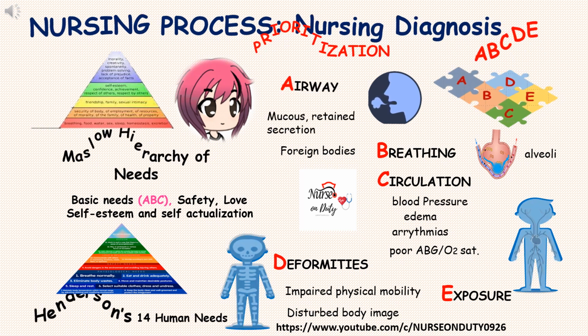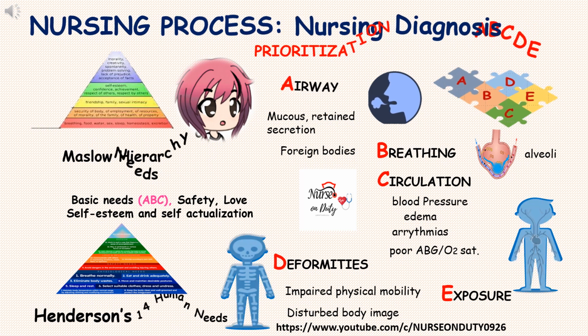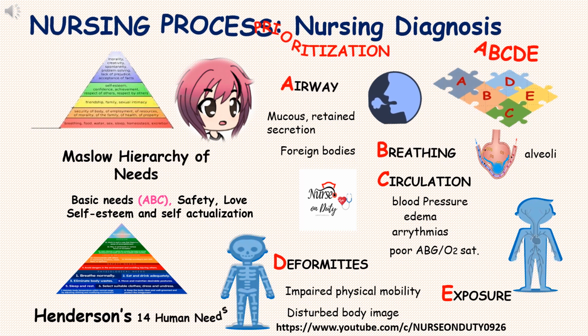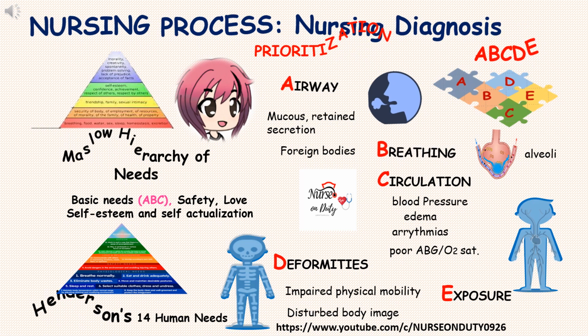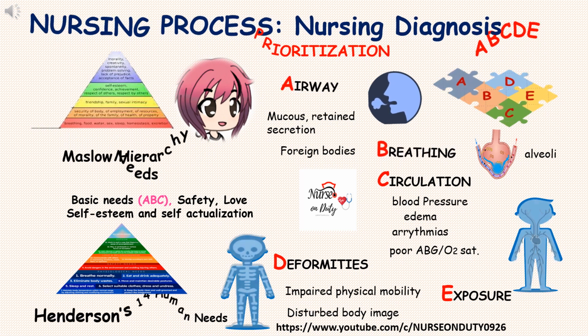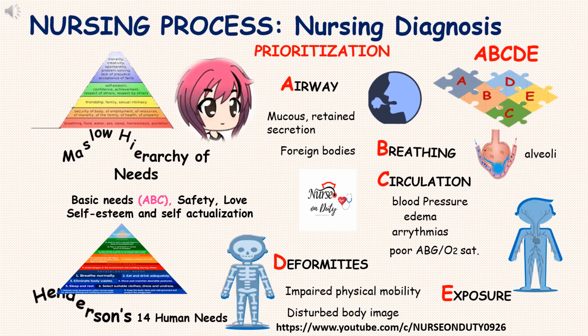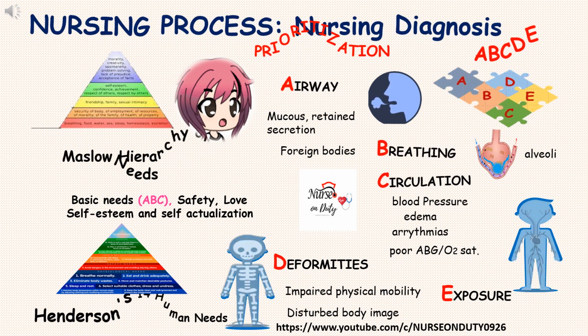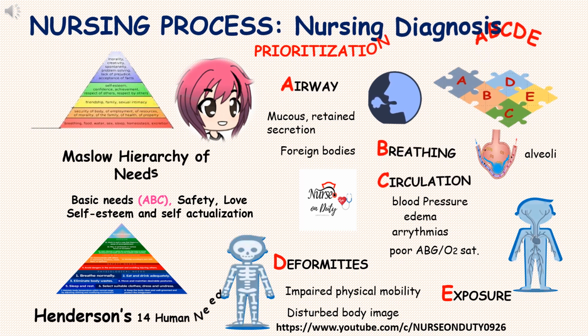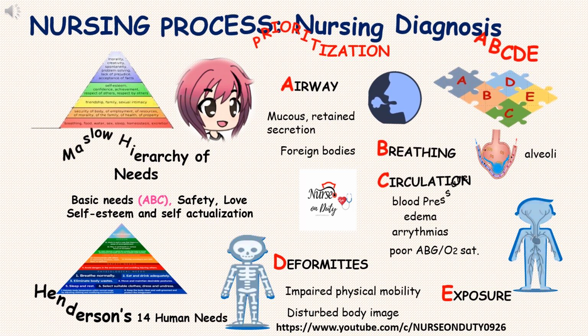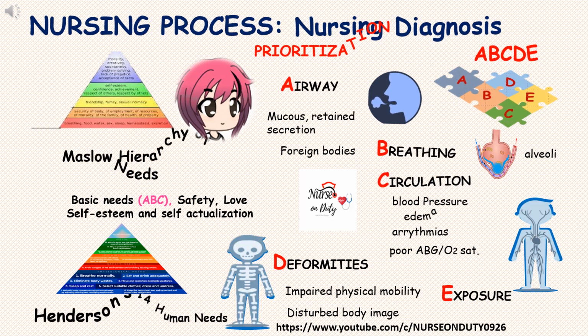Or yung patients mayroong vasoconstriction sa lungs. So example, yung patients mayroong pulmonary edema resulting in alterations ng carbon dioxide and oxygen supply. How about the circulation? Paano mo i-assess yung patients na may alteration sa circulation? Example ay mayroong hypertension or mayroong edema, pedal edema yung patient.